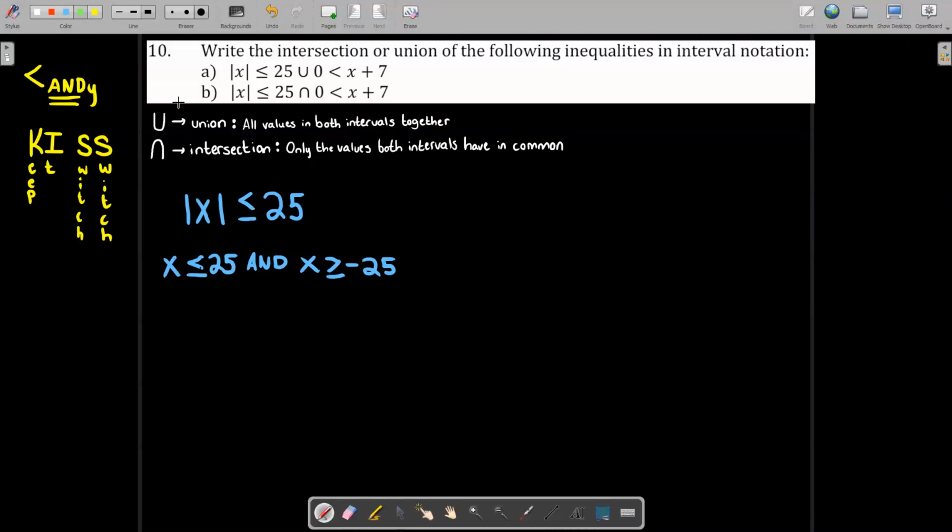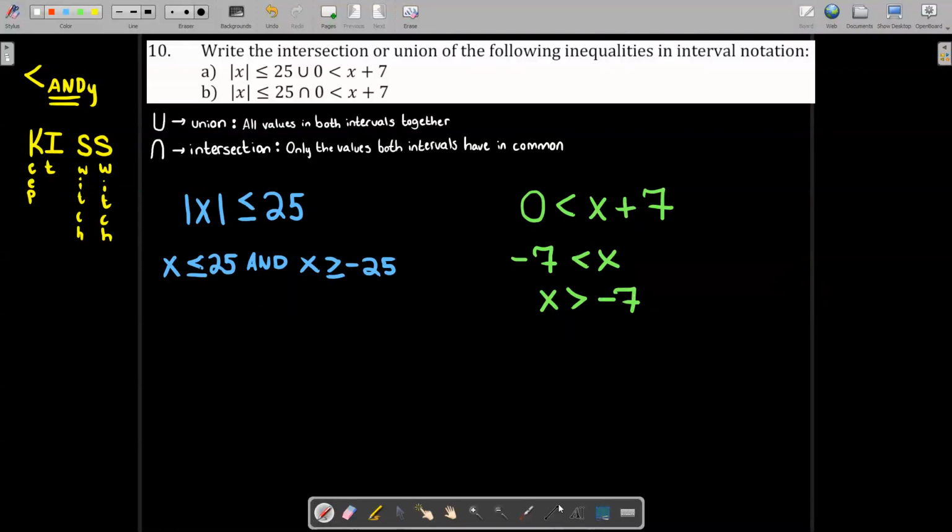The second inequality that is given to us is 0 is less than x plus 7. In order to get the x by itself, we're going to subtract 7 on both sides. We find that negative 7 is less than x, which also means that just x is greater than negative 7. You can flip everything around as long as you change your inequality.